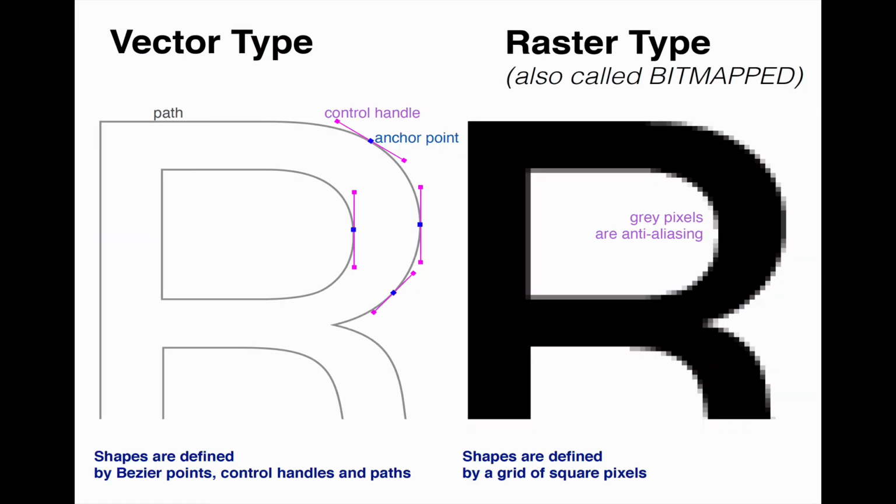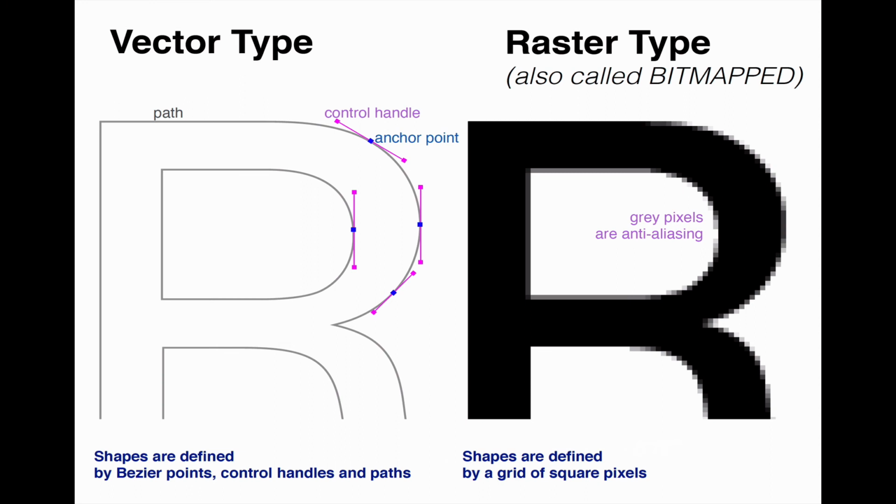The anchor points can have control handles that allow you, as we'll be doing as we move into learning Illustrator, to infinitely manipulate your shapes. Raster type or bitmap type still maintained its limitations.